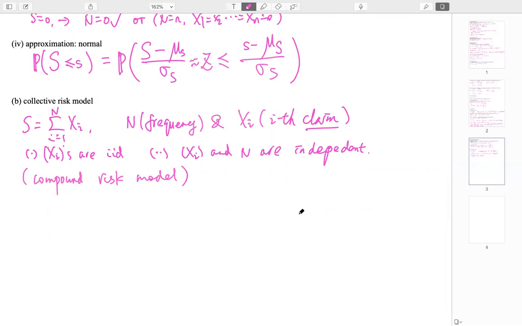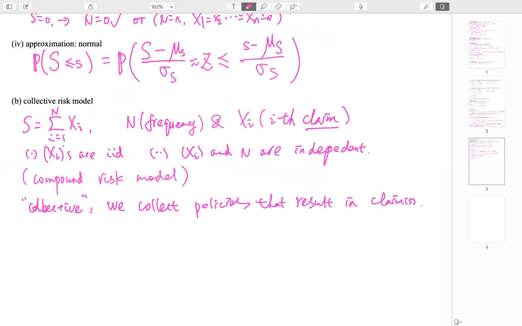And here, the true meaning of the word collective is we collect policies that result in claims, or in claim. So that is the meaning, right? Previously, in the individual risk model, we don't make any collection, right? We study all policies from 1 to small n.